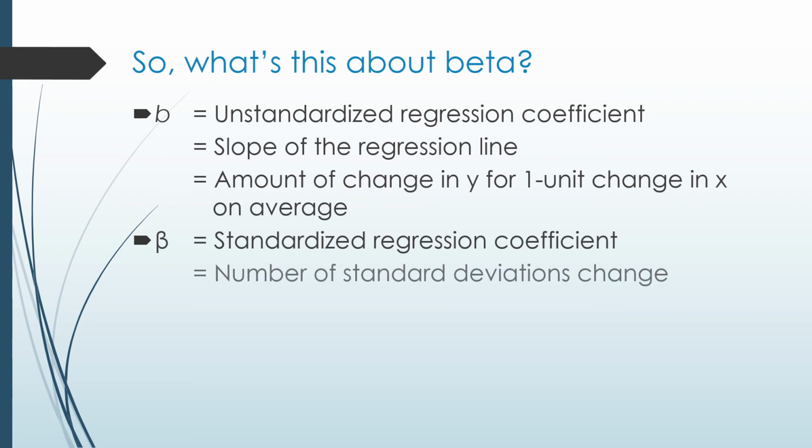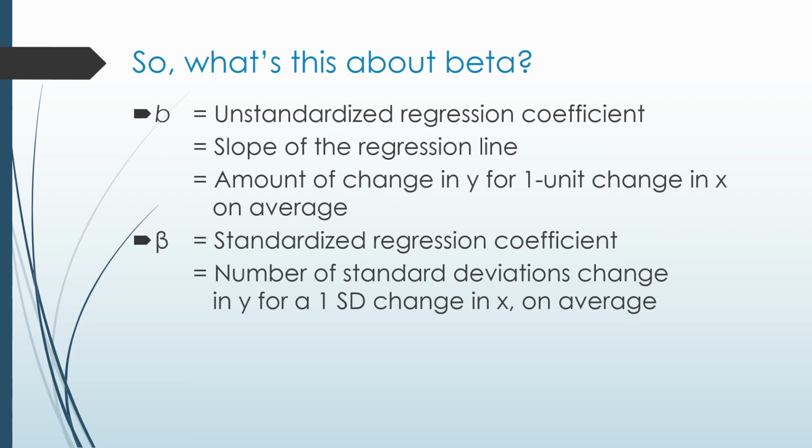And so the outcome, instead of being in the original metrics of the study, are actually in terms of the number of standard deviations of change in your y variable for a 1 standard deviation change in x on average. So instead of being expressed in the units of measurement, it's in units of standard deviations.